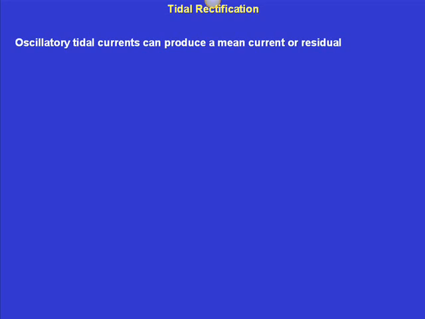How do they get modified, and do they produce a mean flow? We know that they produce a longshore current. How do they produce a longshore current?